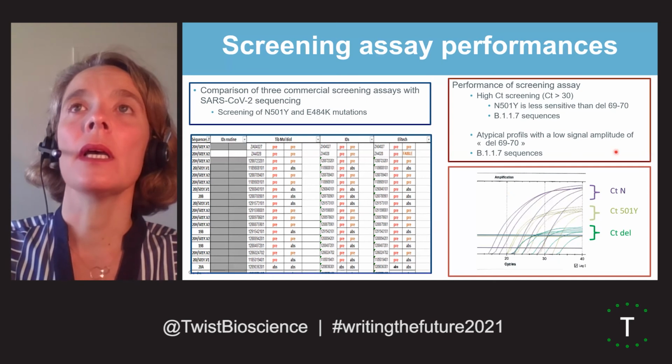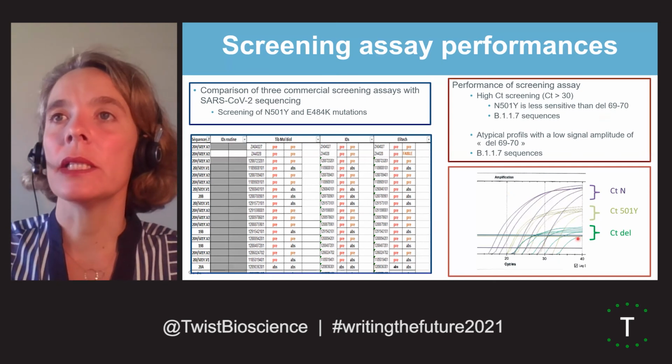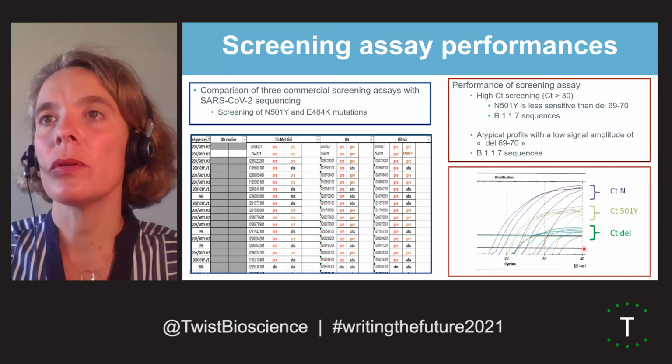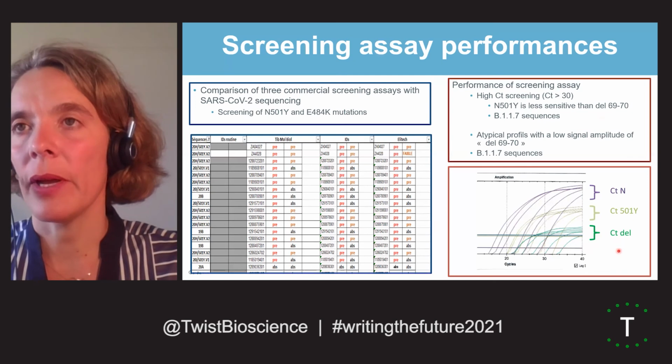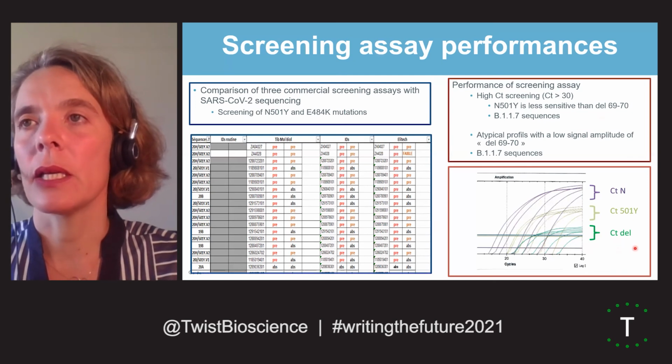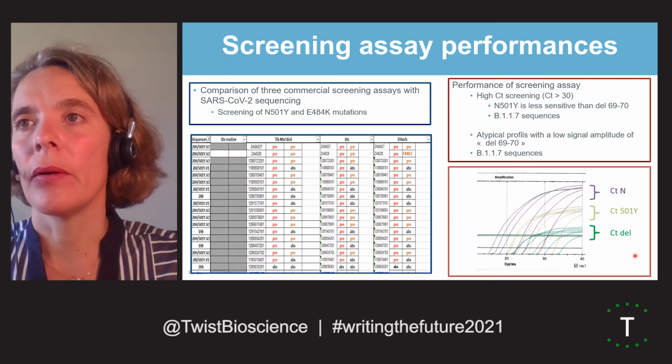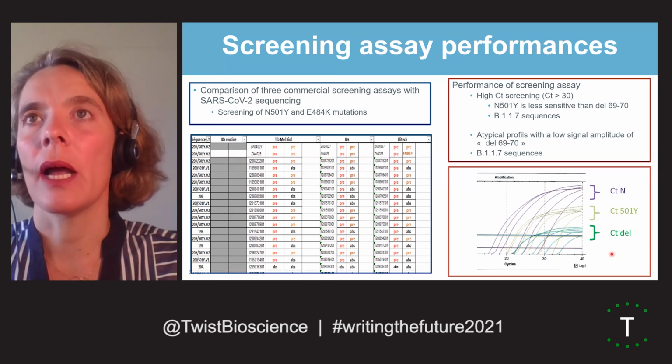On the right, you can see atypical profiles with a low signal amplitude of the deletion 69-70. That's why we wanted to confirm by sequencing that these swabs have the B.1.1.7 variant in them, and the sequences are really this UK variant.